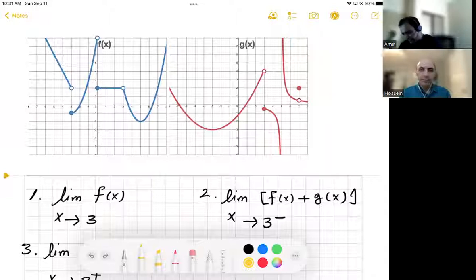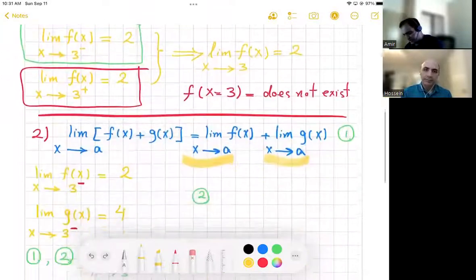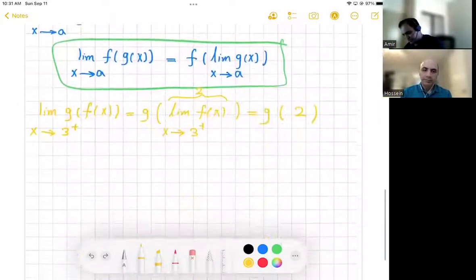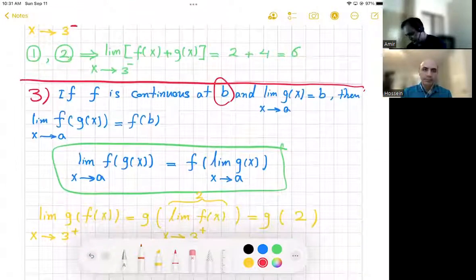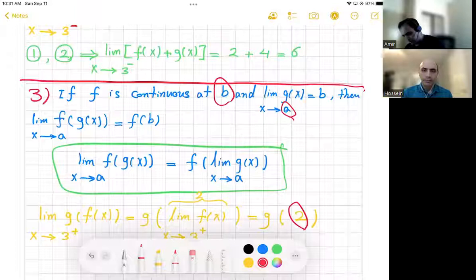It's interesting because in the theorem, this guy is b, and b in our case is 2, and this guy is a, and a is not equal to b.